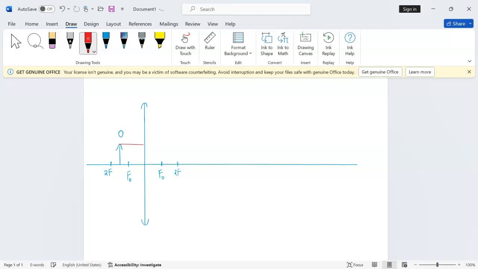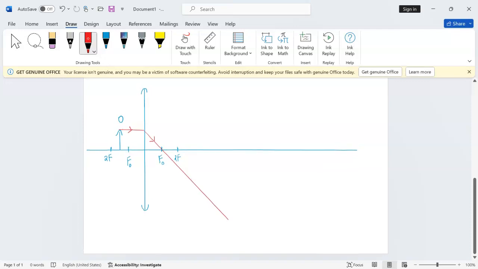So this ray will be close and parallel, and it will be refracted through F by the first lens. So through F, we're going to see the ray passing there. Then another ray which passes through the optical center should proceed undeviated.